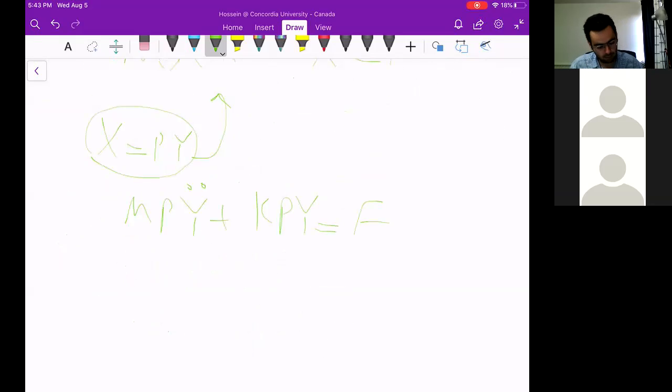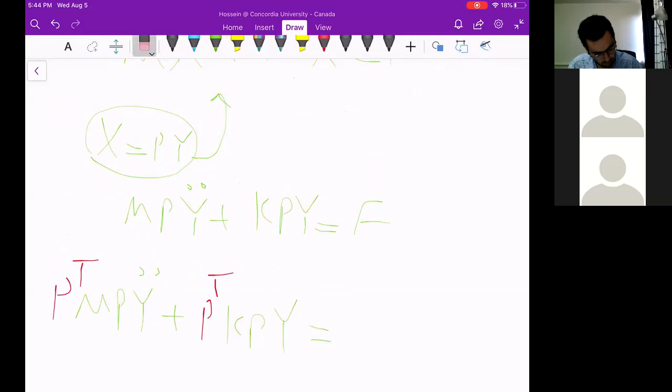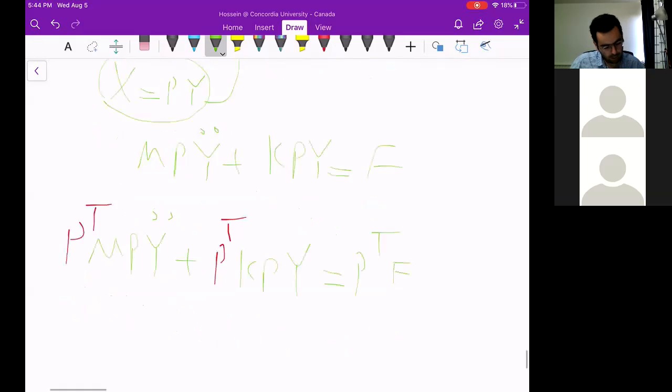Then you multiply from the left by P transpose: P transpose M P y double dot plus P transpose K P y is P transpose F. So this is a diagonalized mass.